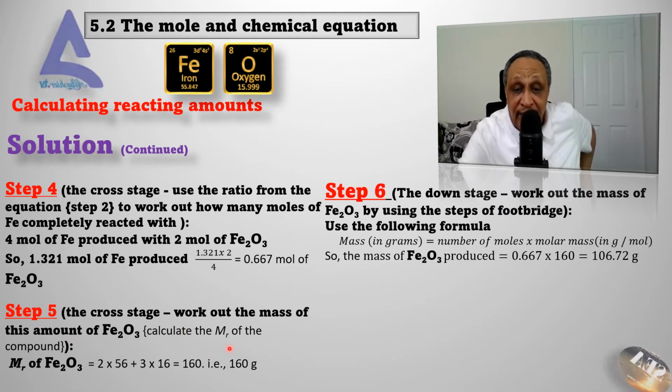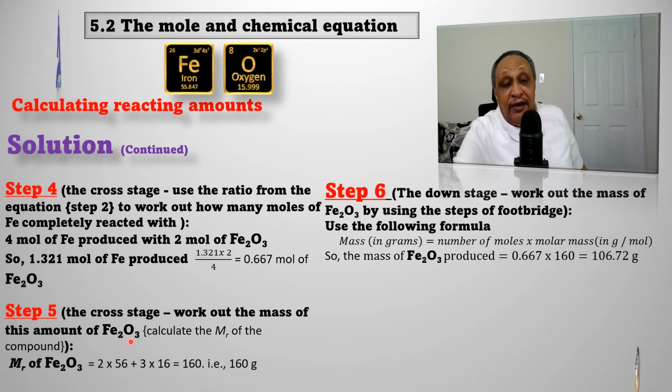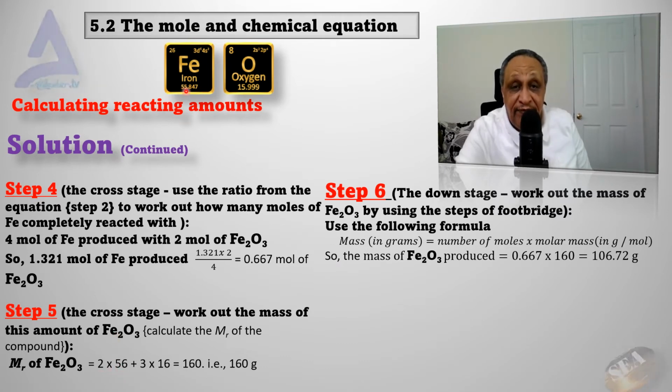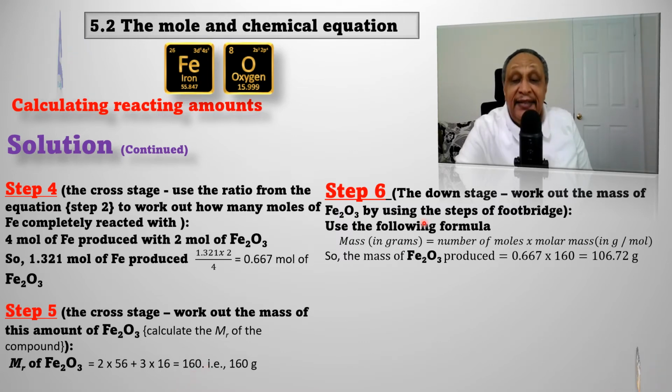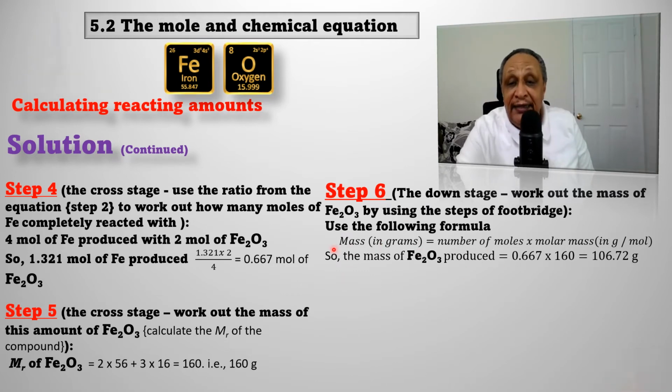I'm going to calculate the relative molecular mass of iron 3 oxide, which is 2 multiplied by 56, because I have 2 here, I bring 56 from here, and 3 multiplied by 16, I bring 16 from here, and all of them equal 160.